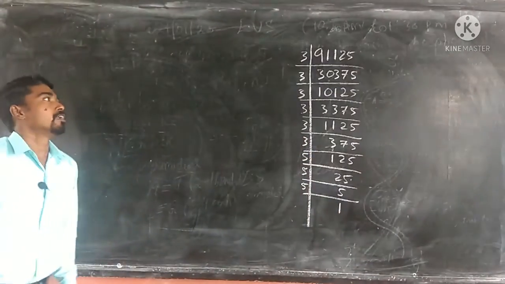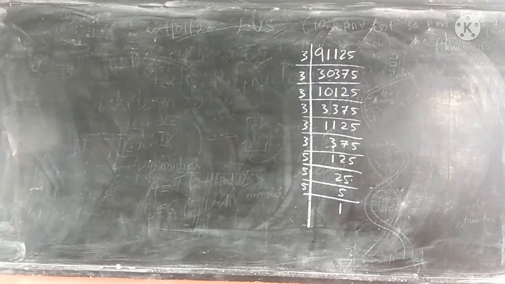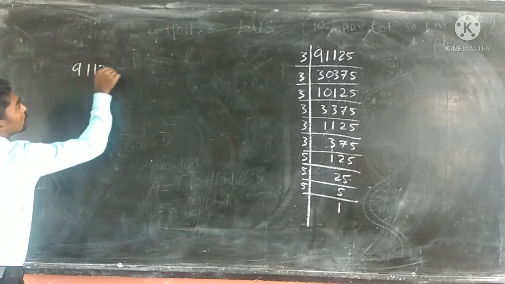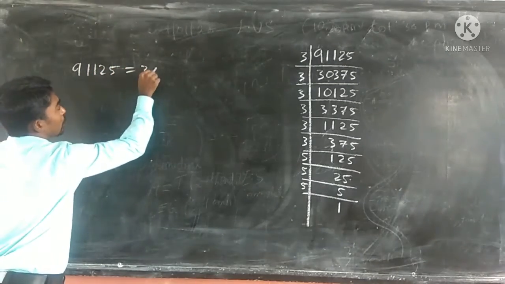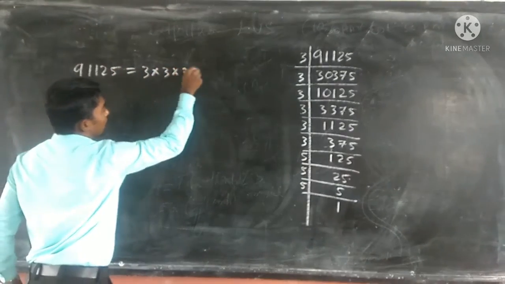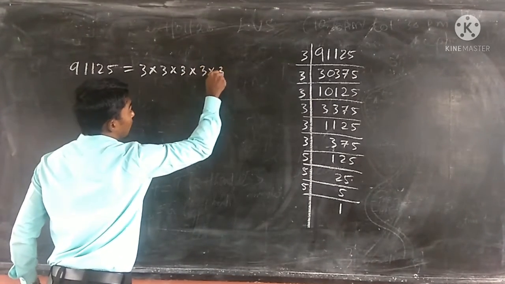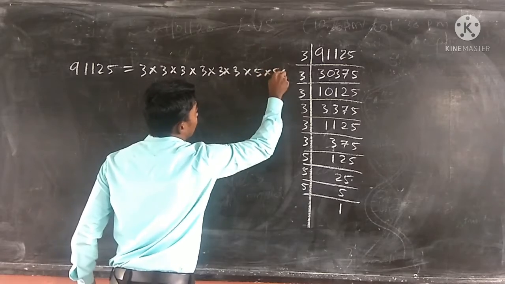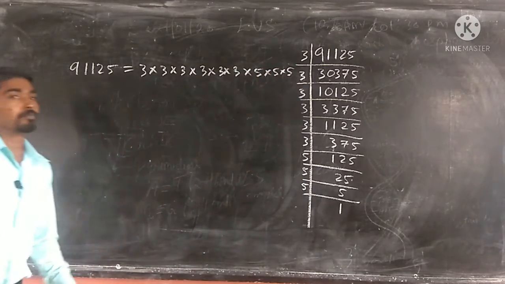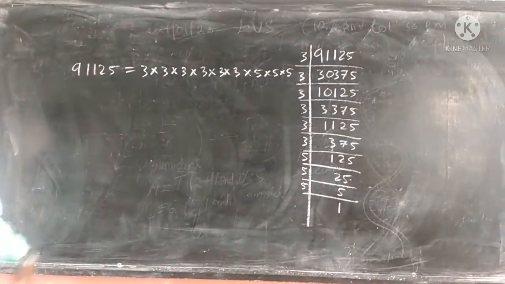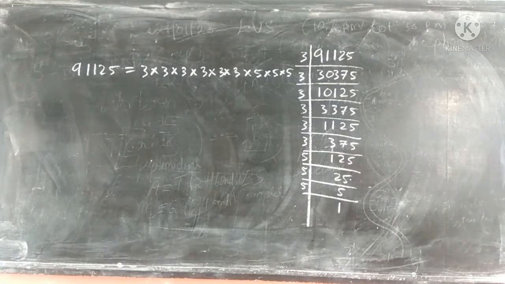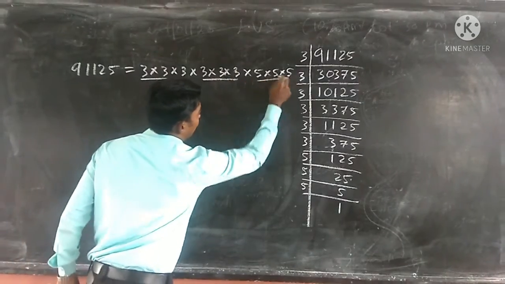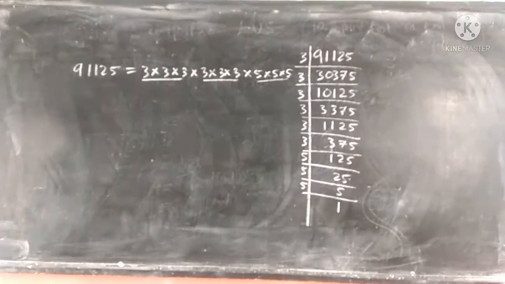We can write 91,125 as 3 into 3 into 3 into 3 into 3 into 3 into 5 into 5 into 5. If you observe these factors of 91,125, factors 3 and 5 appear in a group of 3.